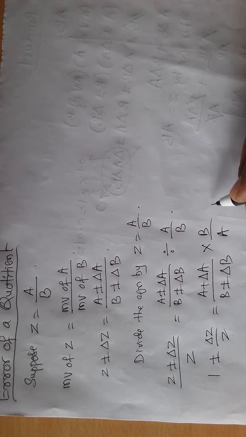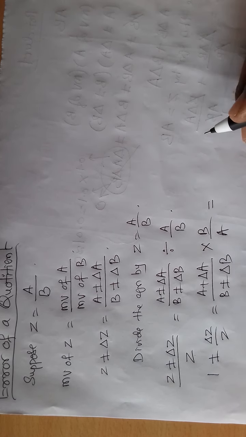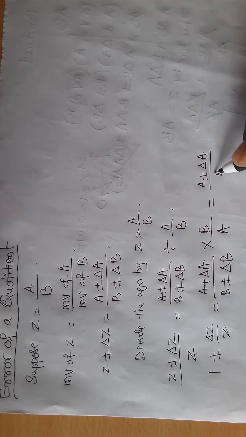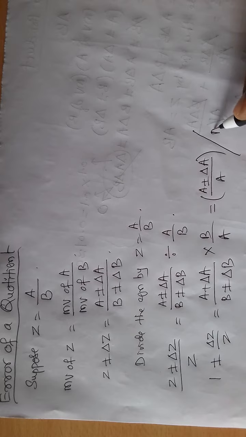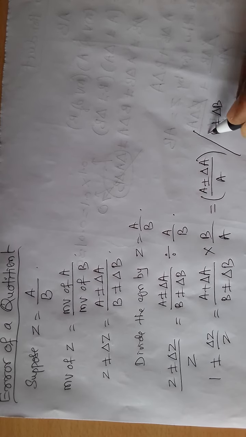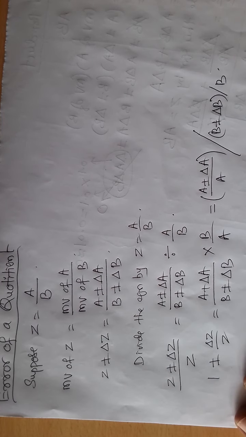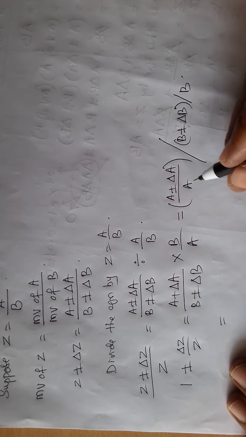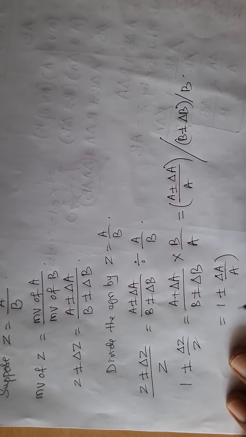So here this can be written like this. We can write this as a by a, 1 plus or minus delta a by a.